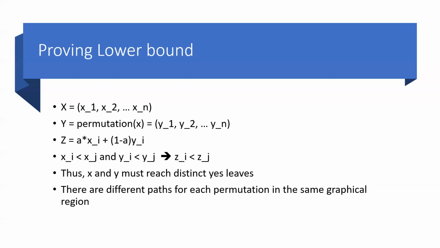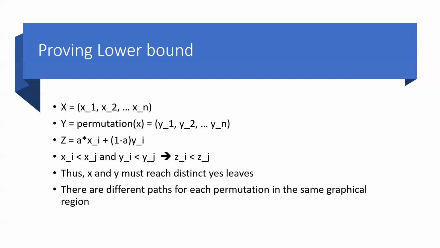This is completely possible because y is a permutation of x such that y is not the exact same permutation of x, so we know that at least one position of both of those arrays has to be different, as in xi cannot be equal to xj, and thus zi has to be less than zj.